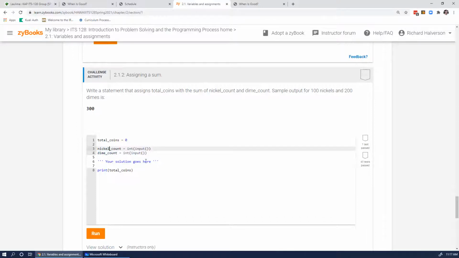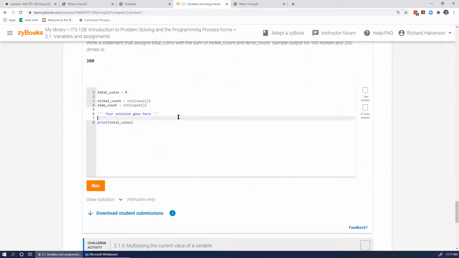So now we're just going to write a statement here that adds these two together and stores the value in total coins. Well, this is just simple. And if you don't get it, it's because they're not asking the question in a clear way, is what I'm trying to say. So we're going to make it clear here.